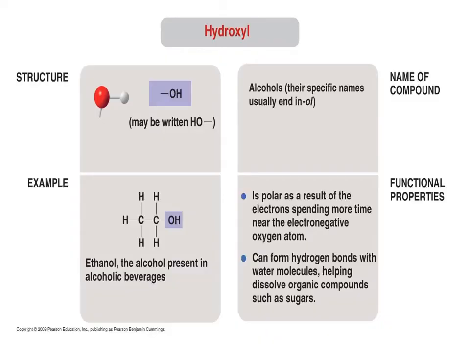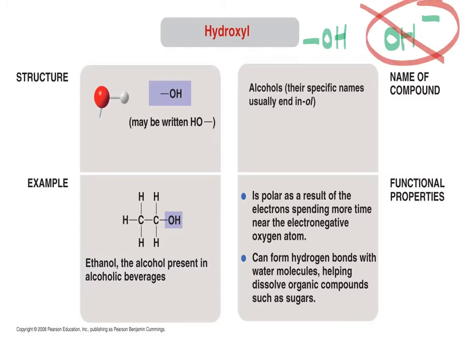So let's look at hydroxyl as the first functional group, OH. This is not to be confused with a hydroxide ion. We mentioned with acids and bases that you can have a hydroxide ion, and this is a hydroxyl group. So they look terribly similar, but this is hydroxide, and hydroxide is not hydroxyl.